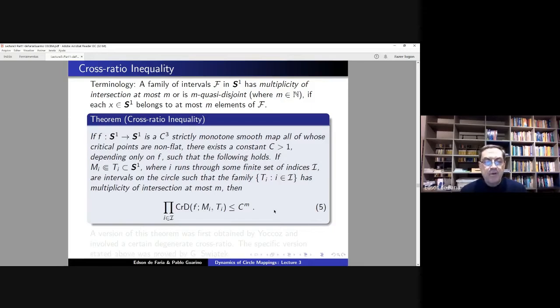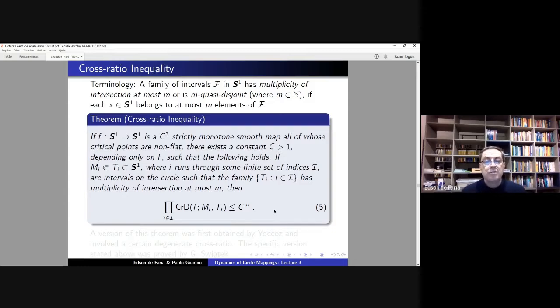So suppose you have a family of intervals T sub i with this property, and inside each of these T sub i's, compactly contained in it, you take some intervals M sub i, okay? And suppose you look at the cross ratios of these, and you look at the cross ratio distortion of f on these.